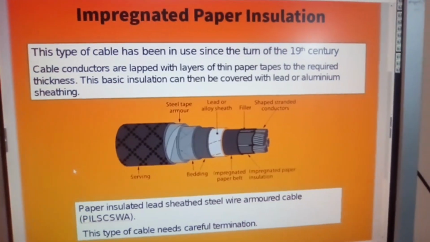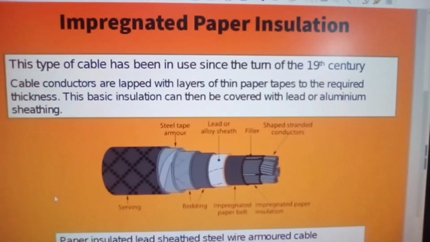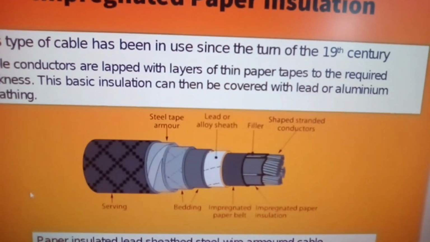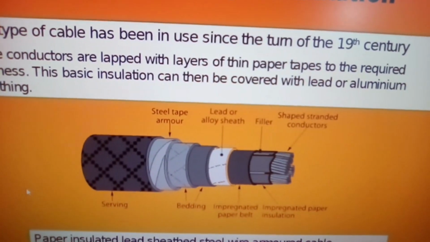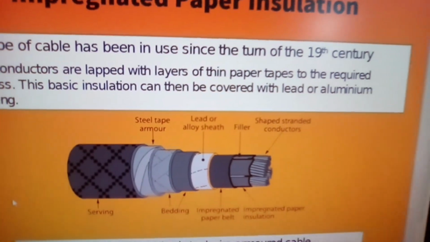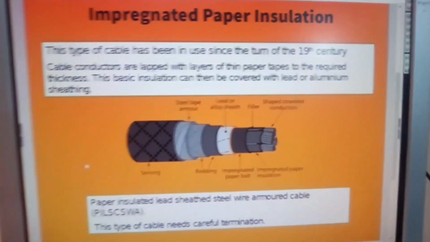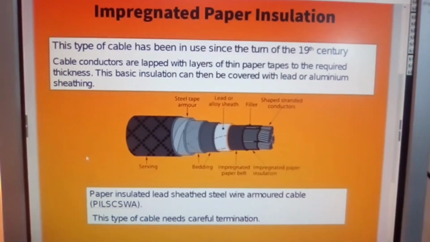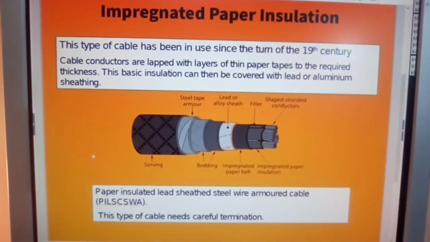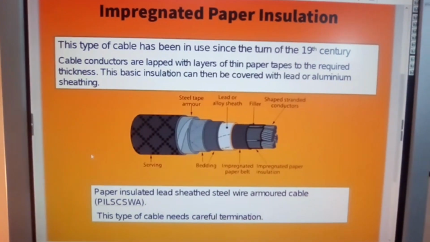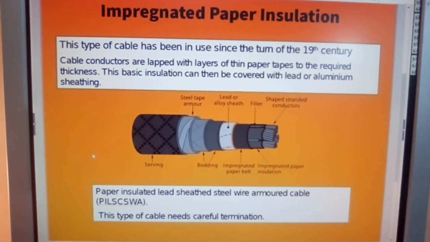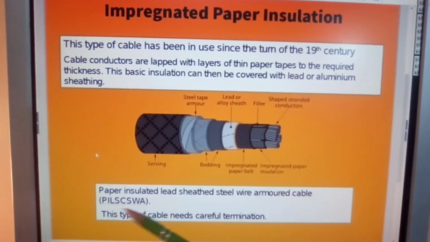Let me make sure you can see the different layers and their names given. Now, paper insulated lead sheathed steel wire armoured cable, PILSWA, stated here.